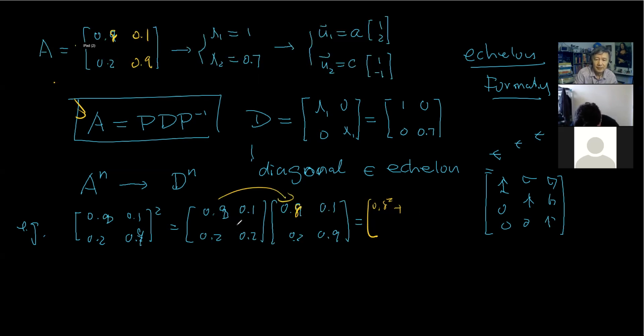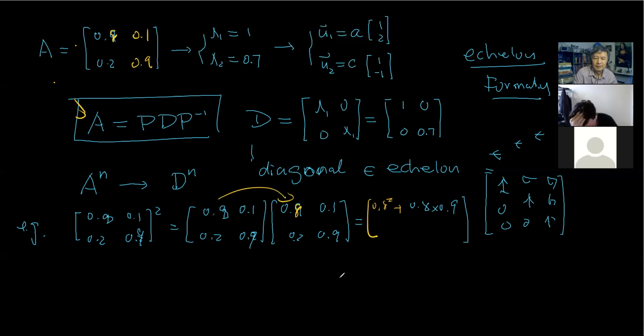And then I write down 0.8 multiplied by 0.2. No, 0.7, sorry. Oh, 0.9. Yes, 0.9.